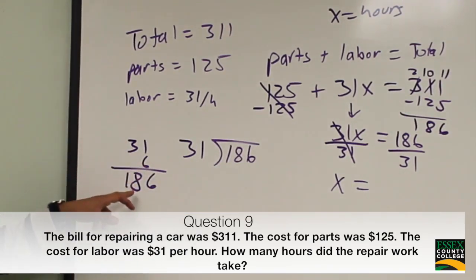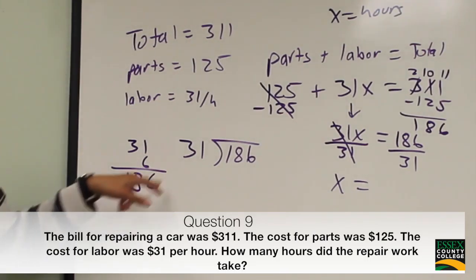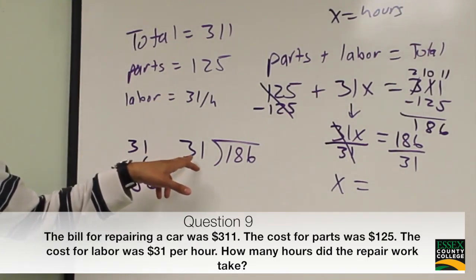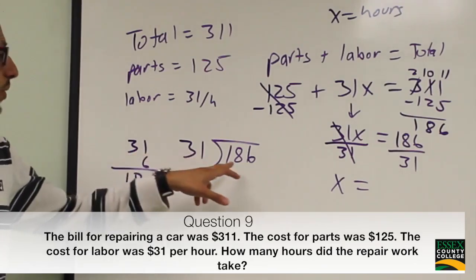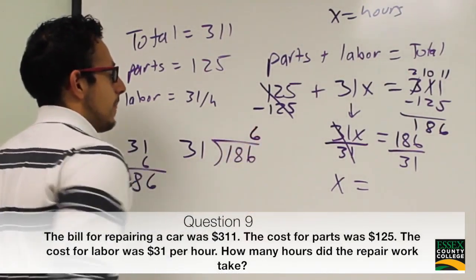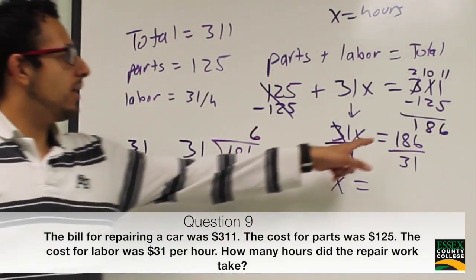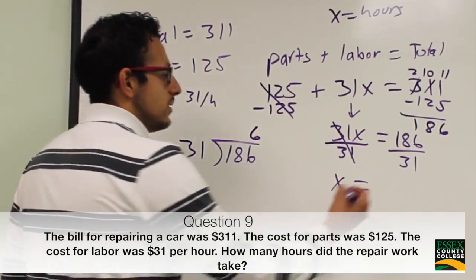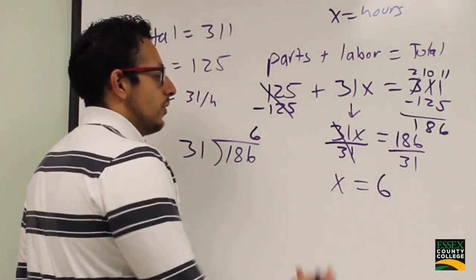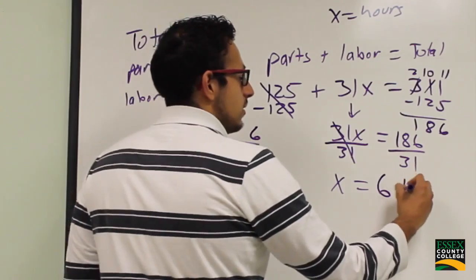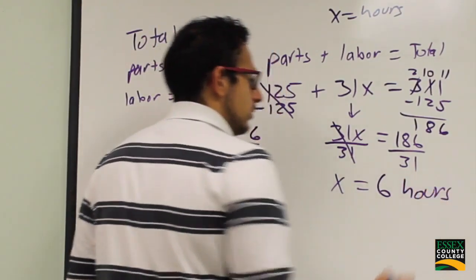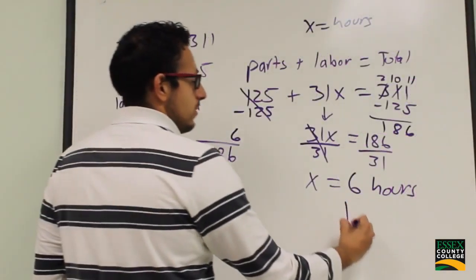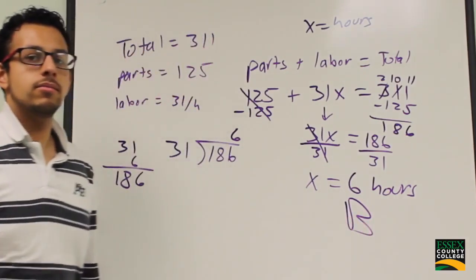So 31 times 6 is 186. That means 31 goes into 186 6 times. Therefore, 186 divided by 31 is equal to 6. So the answer is x is equal to 6 hours. And the answer is B, 6 hours.